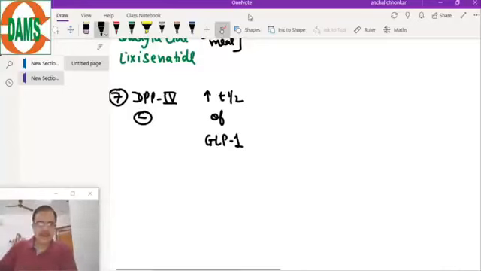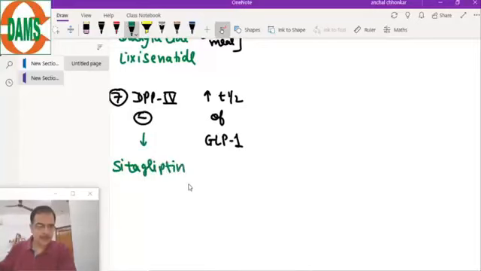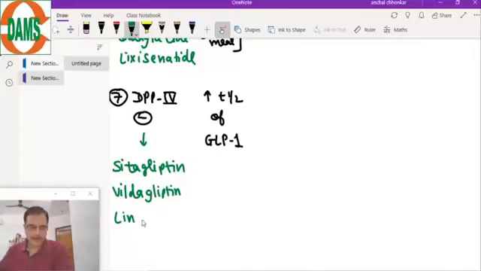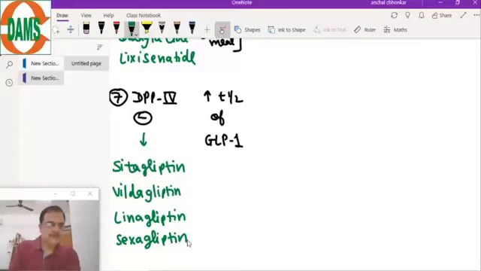The examples of these agents are sitagliptin, then vildagliptin, linagliptin.